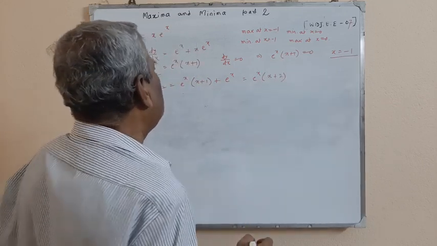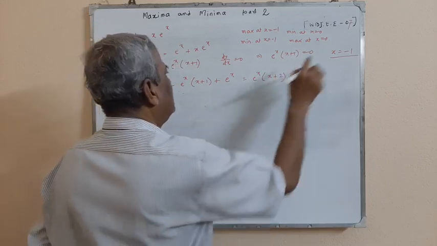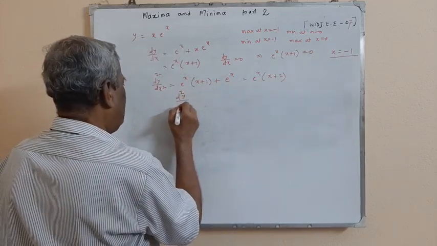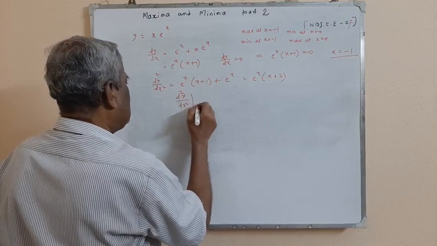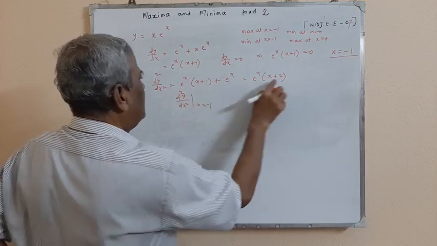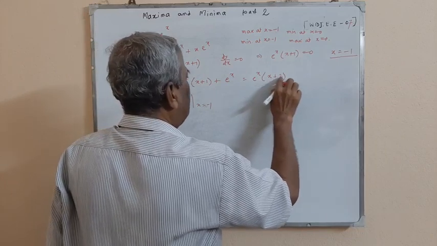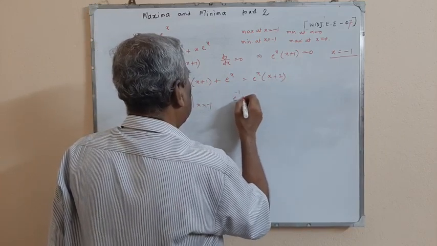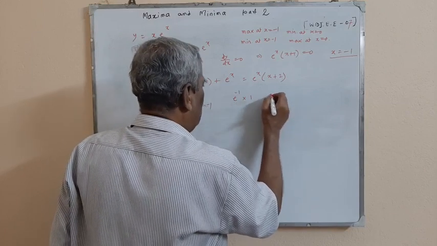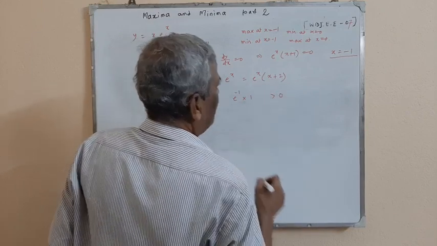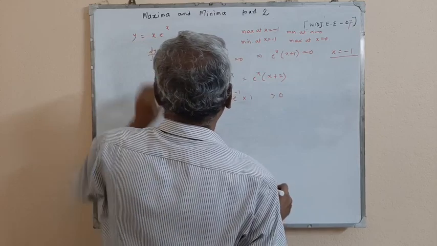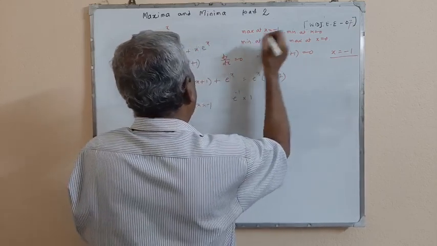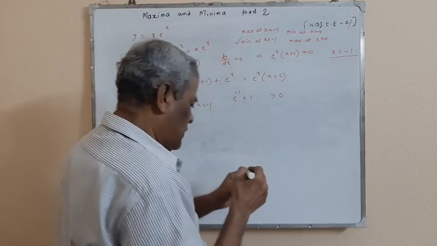So at x is equal to minus 1, d2y/dx2 is equal to e to the power minus 1 into 1, so it is positive. So this function is minimum at the point x is equal to minus 1.